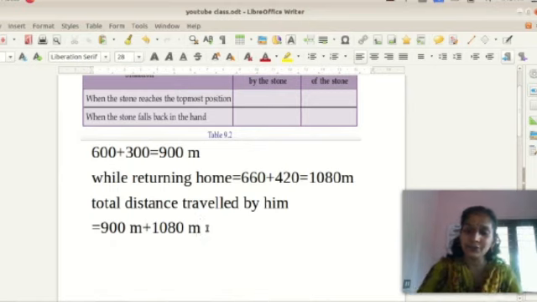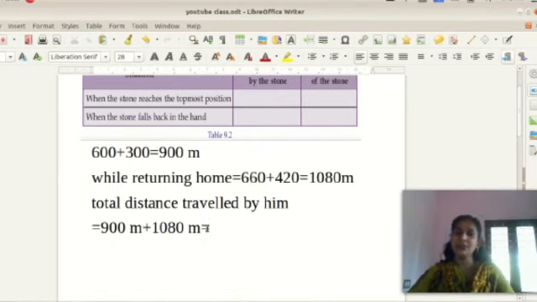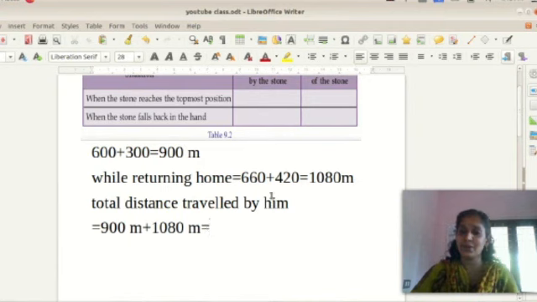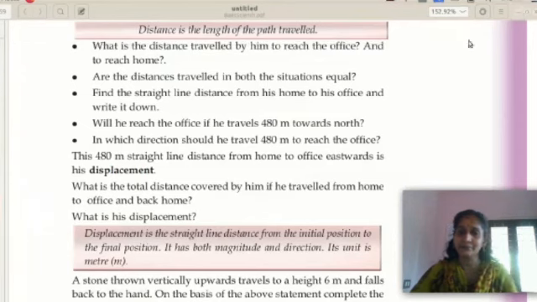That is equal to, you find yours. Okay. The total distance covered by him.